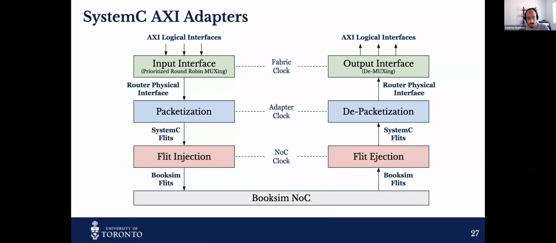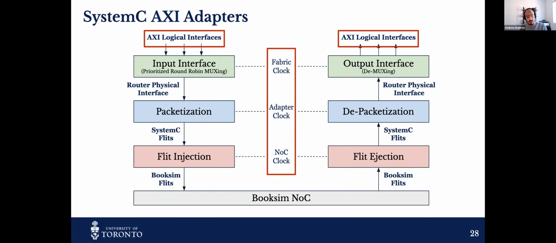So this is one side of the adapter. On the other side, you can think of the same steps, but in reversed order. You eject flits, you depacketize them, and then you present it to the intended logical interface as an AXI transaction. So all the internal stages are transparent to the user.